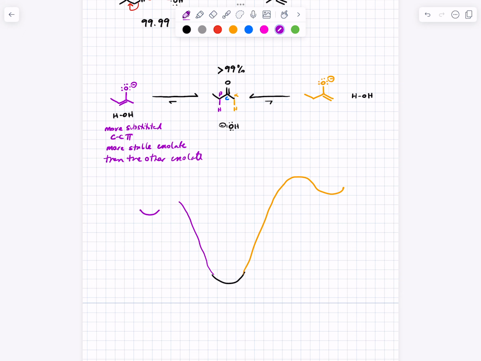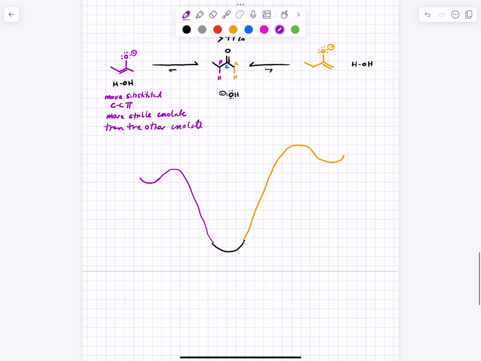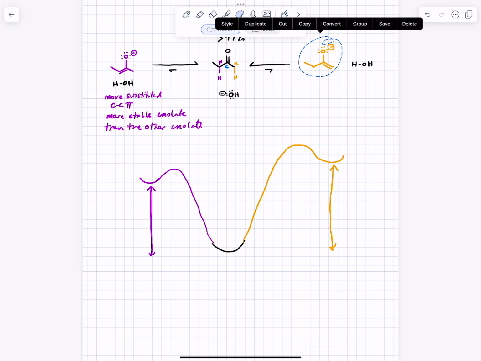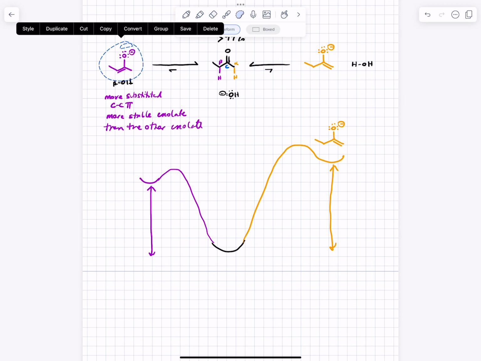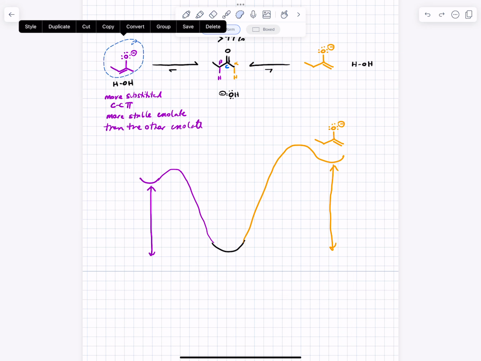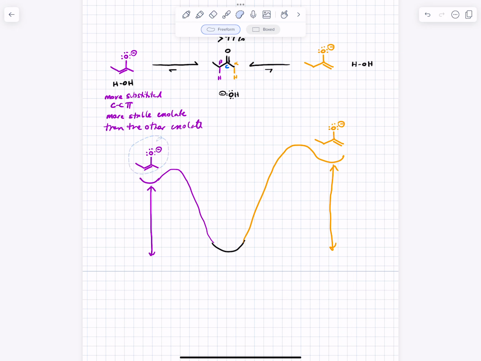This isn't to scale, but this energy difference is smaller than this energy difference. Just reflecting the fact that the orange enolate is less stable than the purple enolate.